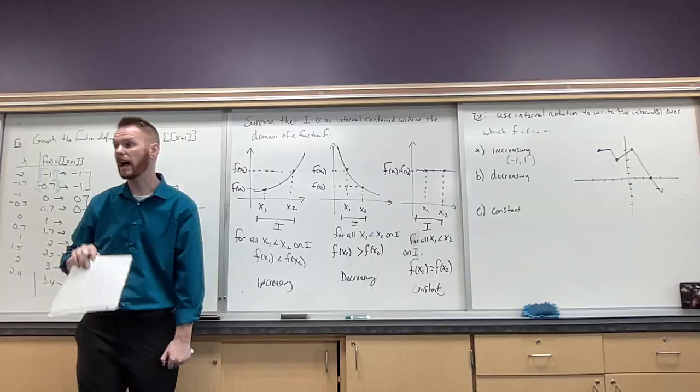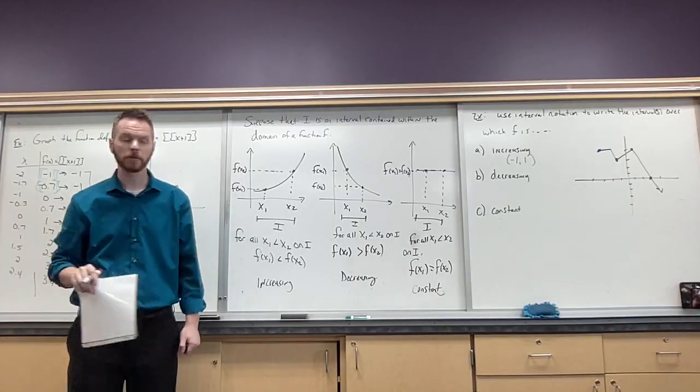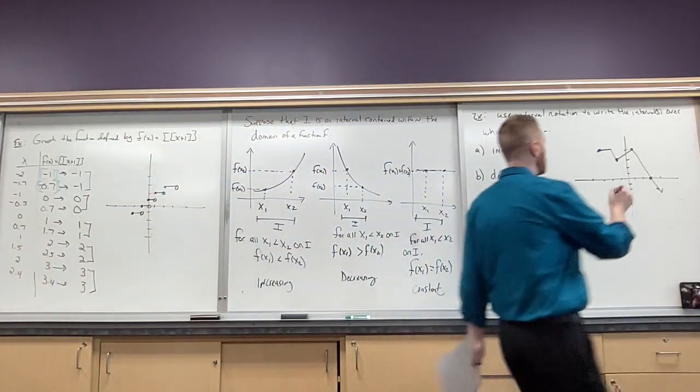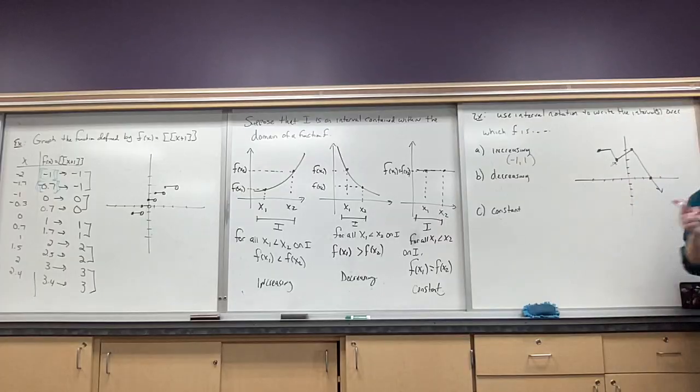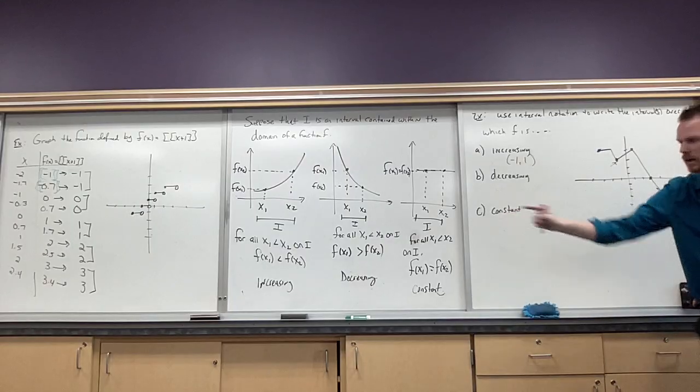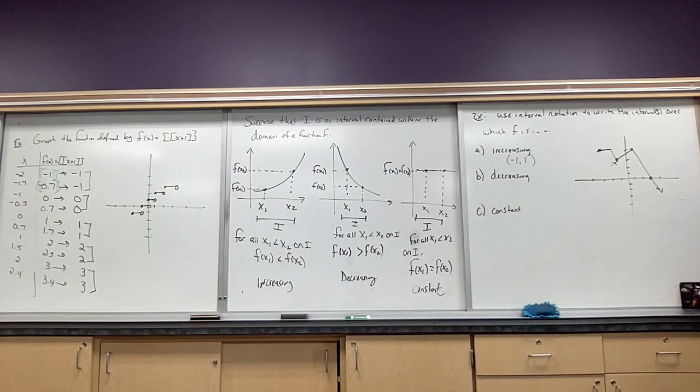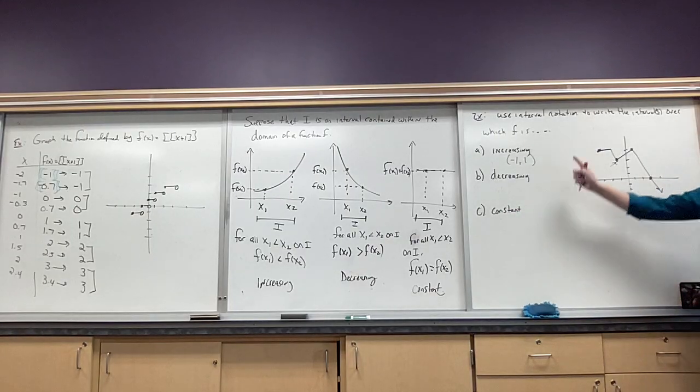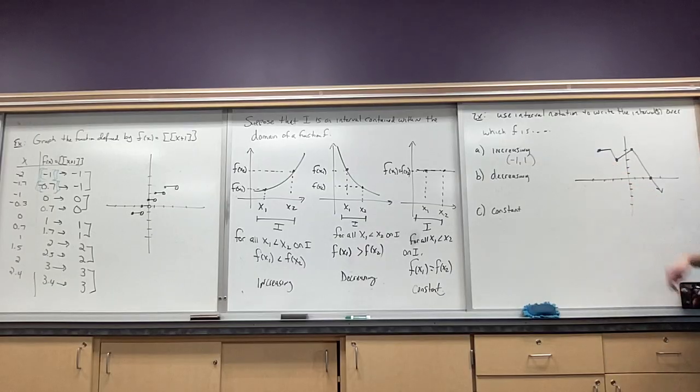Now, I'm not putting brackets. The reason why I'm not putting brackets is I don't know what the function is doing at this specific spot. Is it increasing? Is it decreasing? I have no idea. But the values beyond it, I can actually use what I defined over there as saying, oh, it must be increasing. Okay, but again, no brackets when it comes to this stuff here. So where is it going to be decreasing? Okay, we have two spots, right?